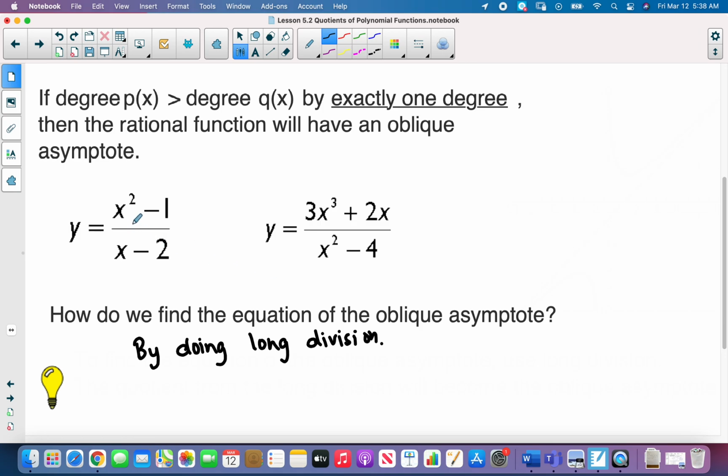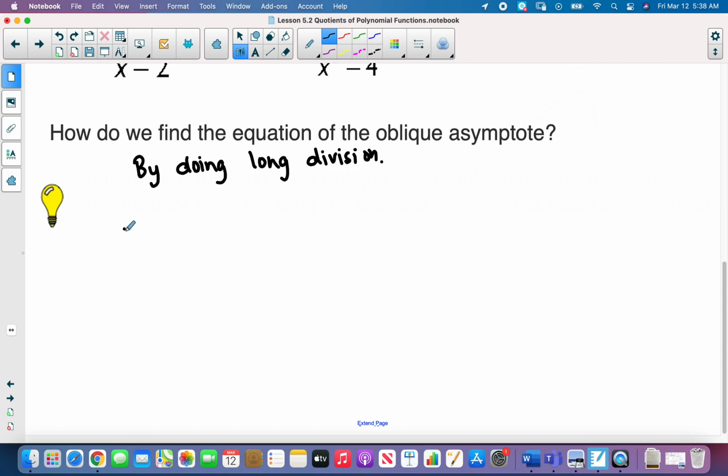So let's say we wanted to find the equation of the oblique asymptote for this one here, y equals x squared minus 1 divided by x minus 2. So we will do x squared plus 0x minus 1, because you want to also account for the x term, which is not there.